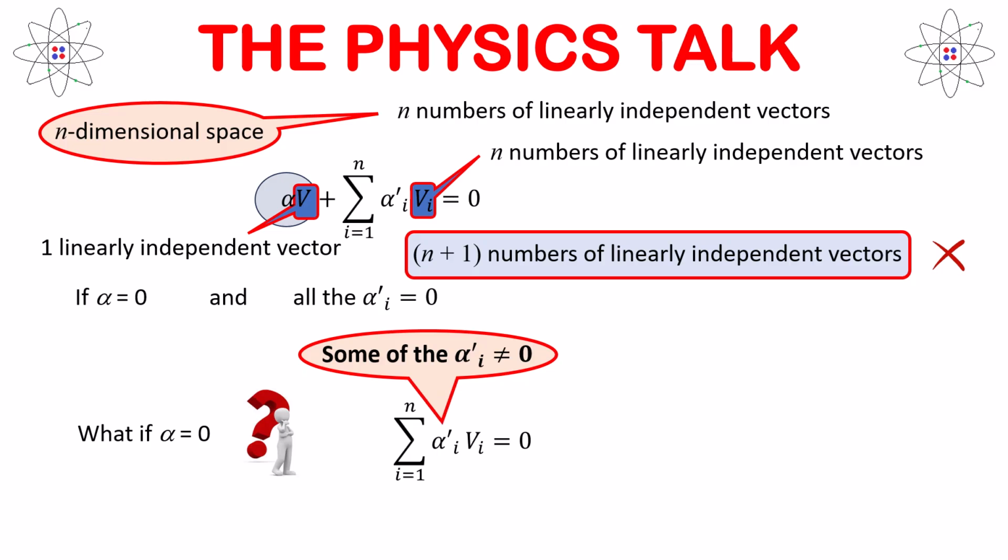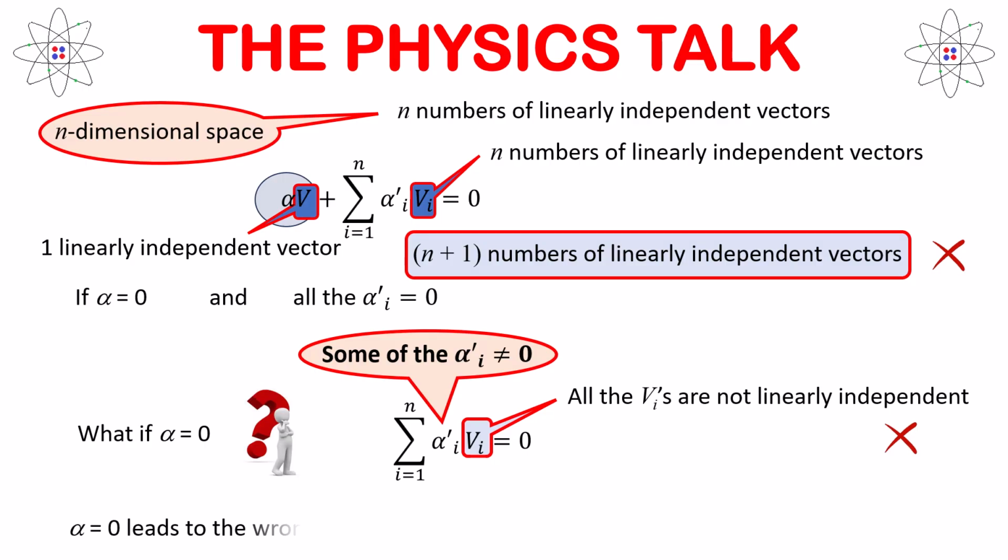By virtue of this fact, if you can recall the definition of linearly independent vectors, not all the n numbers of vi's present here are linearly independent, which is again not true because we are dealing with an n-dimensional vector space. Thus, we see that assuming alpha is equal to 0 leads us to a wrong conclusion.